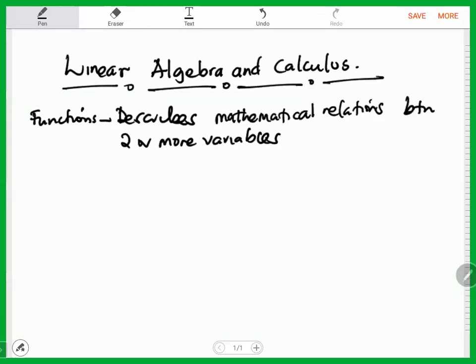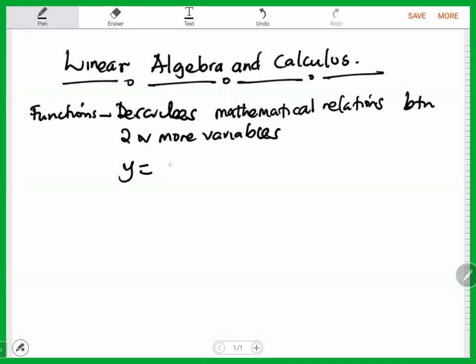So if you have an equation of, say, y is equal to x squared, that simply means that if we have a change in x, that would ideally affect our y.